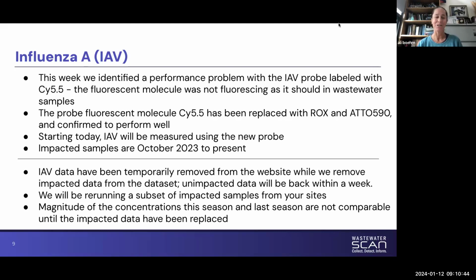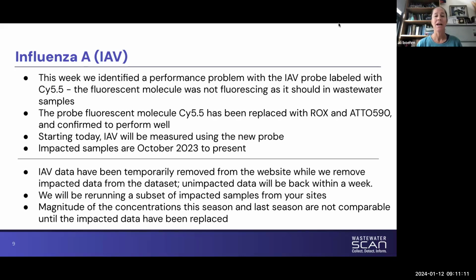Just to make sure it is, I'll repeat it, because as I wrote it on the slide, I think it's much clearer than as I ad-libbed it. The magnitude of the concentrations this season and last season are not comparable until the impacted data have been replaced, which they will be. I hope that's clear, and we will take questions about this at the end of the presentation.